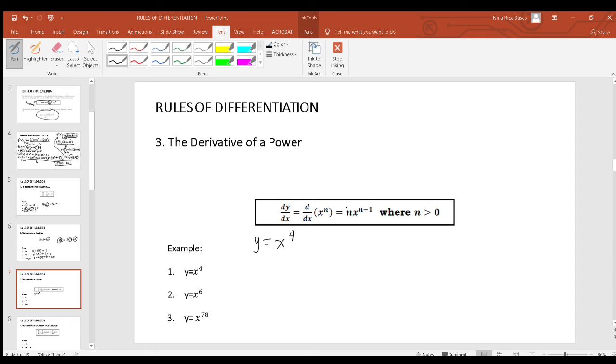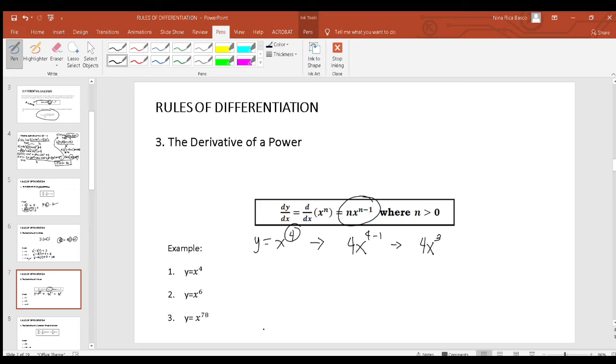If we are applying this rule, we will bring down the exponent. Bali, 4 x raised to exponent minus 1. 4 minus 1. Therefore, the derivative of x raised to 4 is 4x cubed.